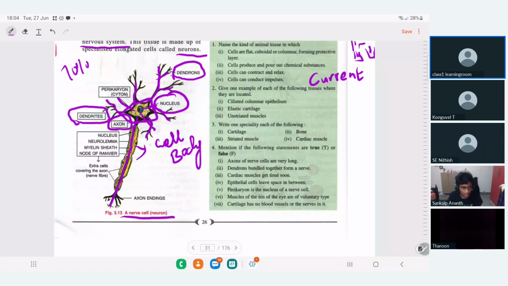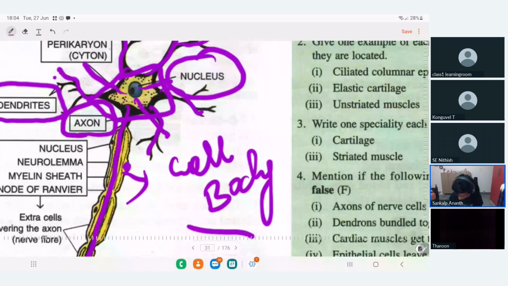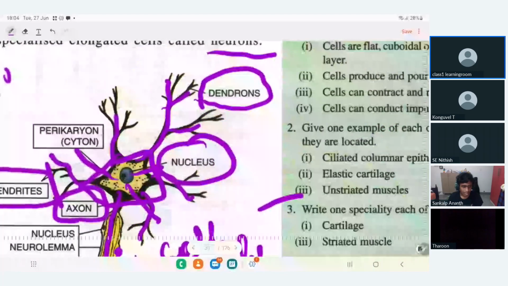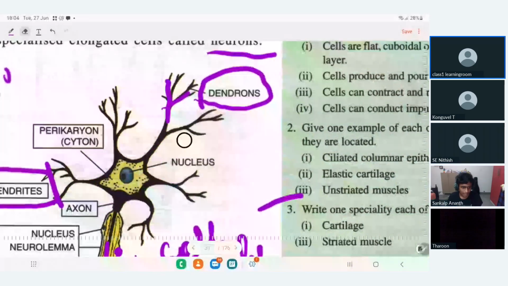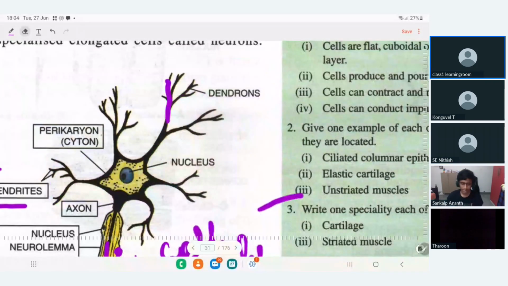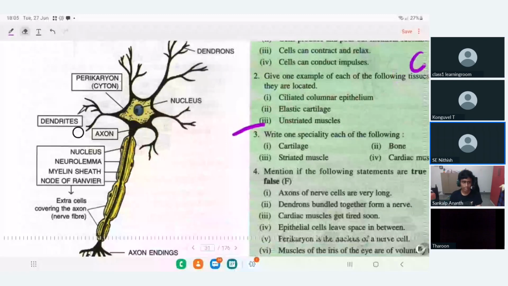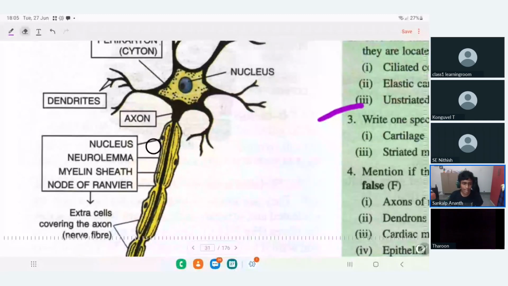Yes, sir, there is a nucleus in the axon and there is a nucleus in the cell body.